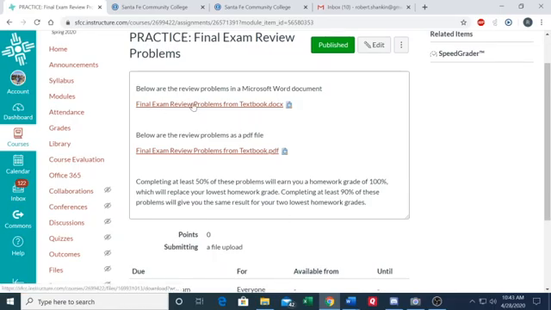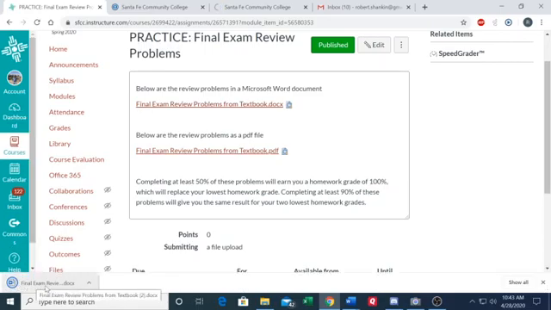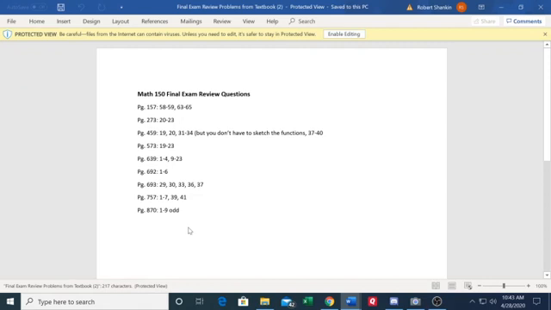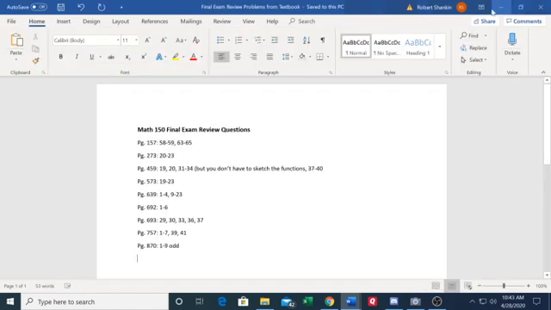Now if I click on one of these formats, you'll see it comes up here, downloads it, open it up, and it's just a listing of a bunch of problems from the textbook.